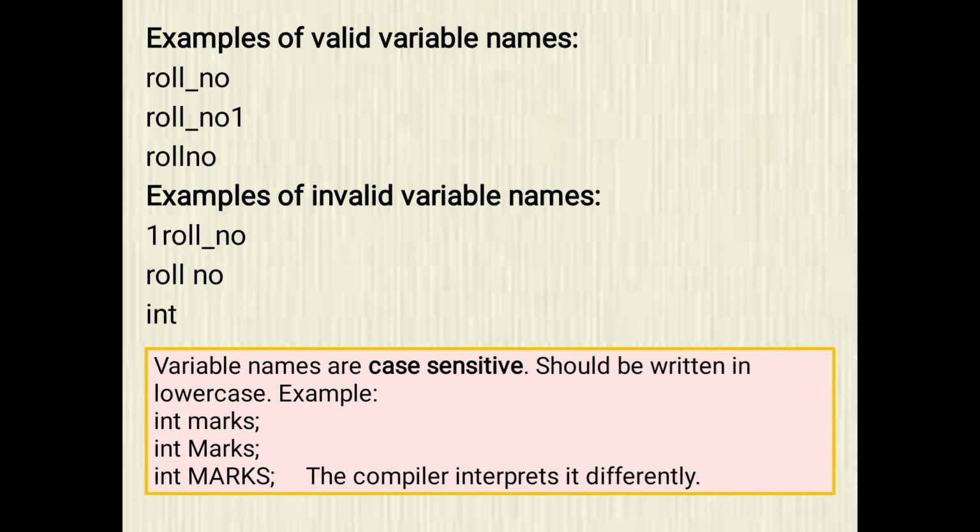But suppose the marks variable is used in the same program for the same purpose, in that case all the three variables will be identified differently. Marks with small alphabet and Marks with capital alphabet are different. The compiler interprets them differently, and hence if you have declared the variable marks in small letter, and then later in the program you have used that variable in capital letter, the compiler will display an error.